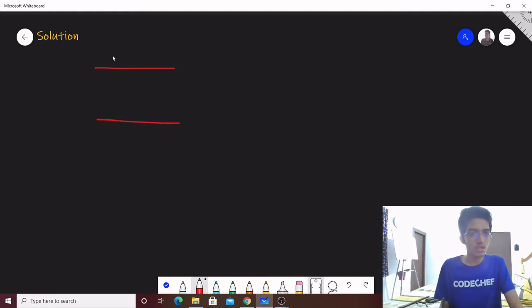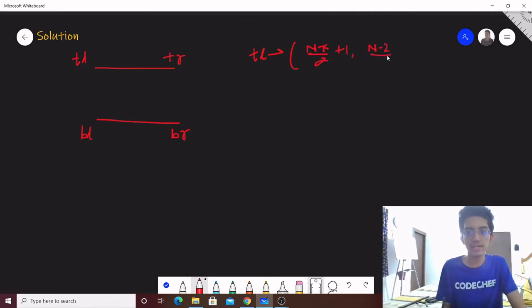And now we want to select snakes such that they will occupy this region, let's call this region top left, top right, bottom left, and bottom right. The top left has coordinates n minus k by 2 plus 1 comma n minus k by 2 plus 1. This is our top left corner.